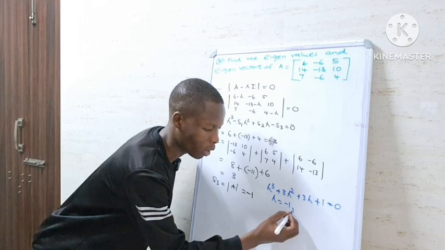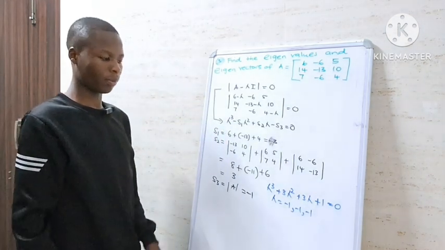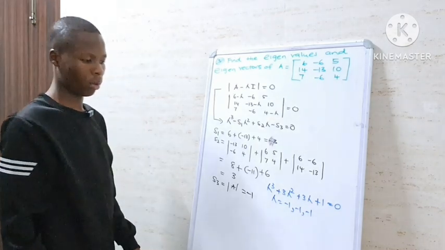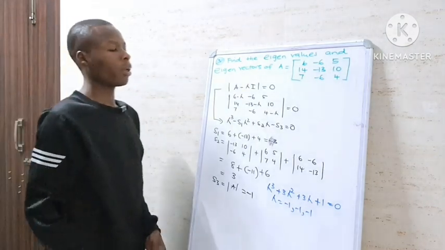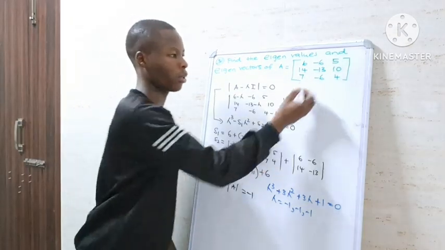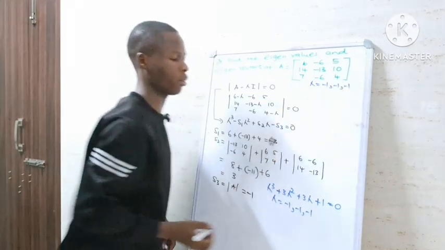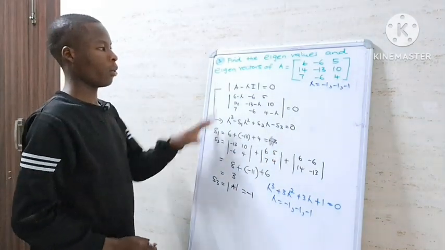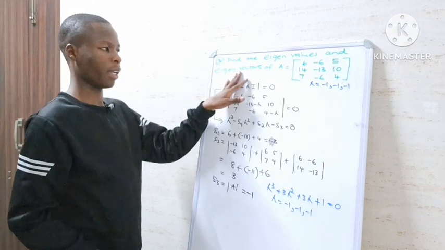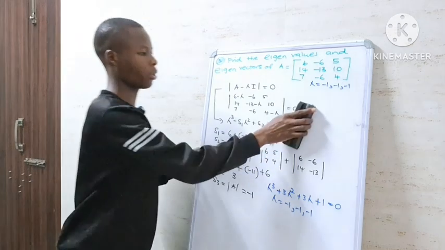Lambda is equal to negative 1, negative 1, negative 1, a repeated root. We have the eigenvalues: negative 1, negative 1, negative 1. We are now able to find the eigenvectors. Let's find the eigenvectors together.